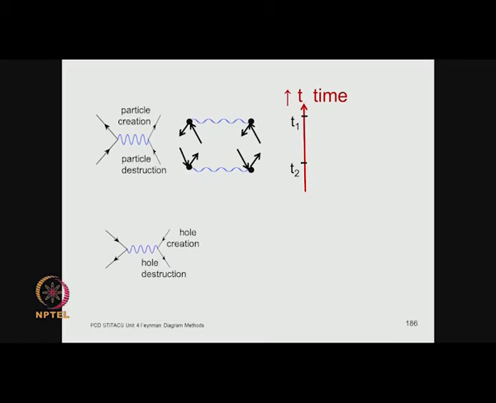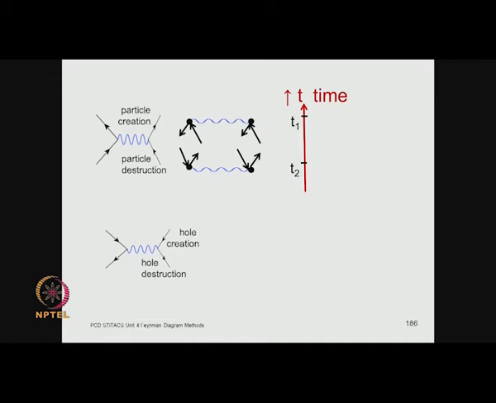So, you have T1 and T2, and let us consider a situation in which at each instant of time we have considered first order diagrams. Okay? So, just think of a first order diagram at time T2 and another first order diagram at time T1, in which the diagram is represented by these arrows, and now you know what these arrows are telling you.